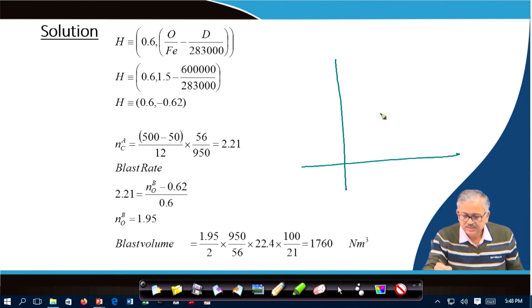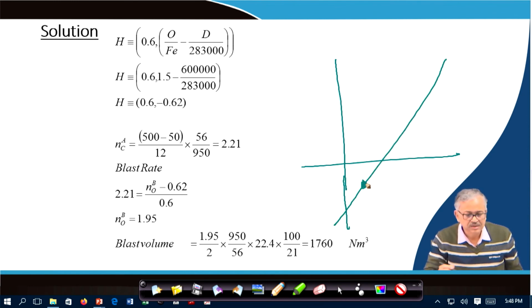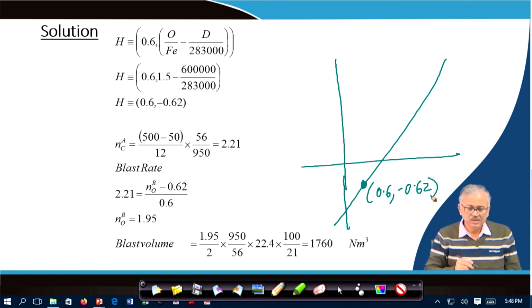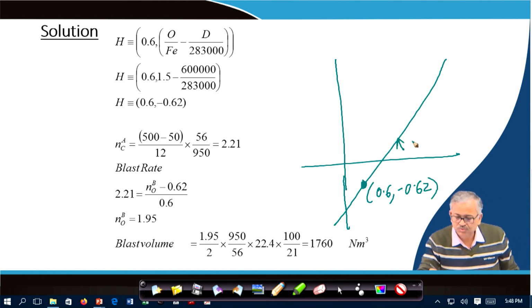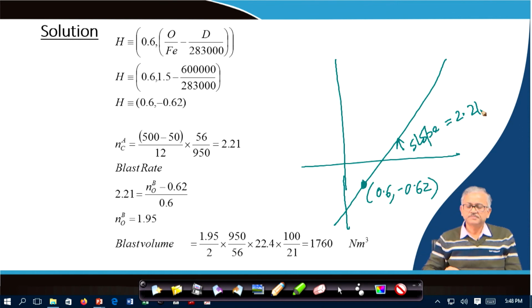So, in this case you have this point, which is 0.6 and minus 0.62, and you have the coke rate, so you know the slope, which is 2.21, right.